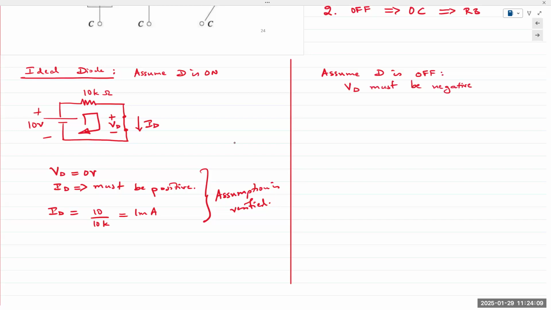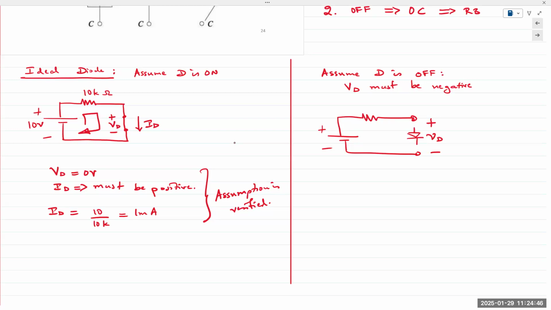In this case, it'd be rather straightforward to analyze. Plus minus, and my diode voltage is measured in this direction. What is the value of VD? I'm assuming that the diode is off, but the diode is still connected this way. Anode is still at the top. I cannot flip the circuit connection.